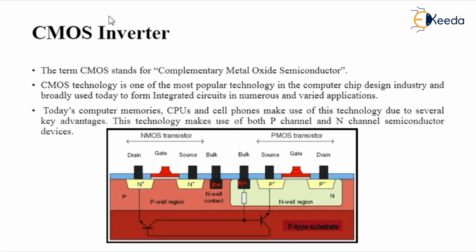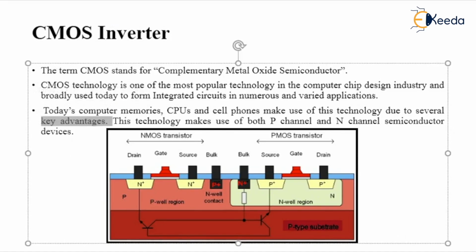So what are those key advantages of the CMOS inverter? It has low power consumption, the speed of operation is very high, and the complexity of the circuit is less, which we have discussed in our introduction video.